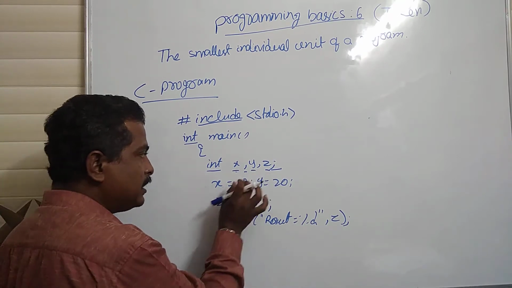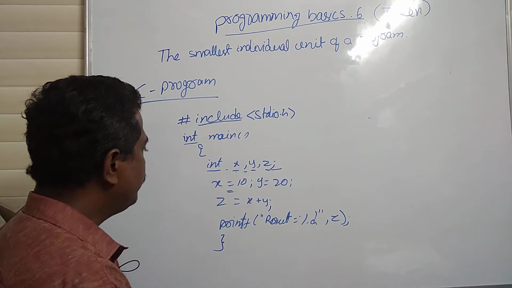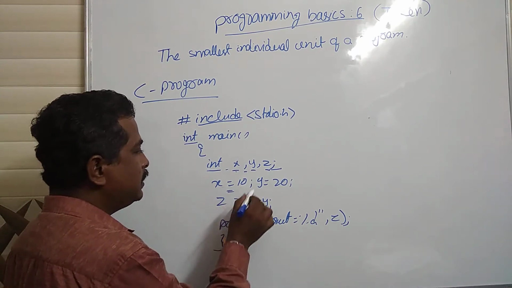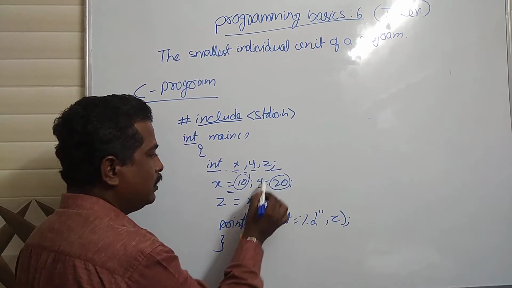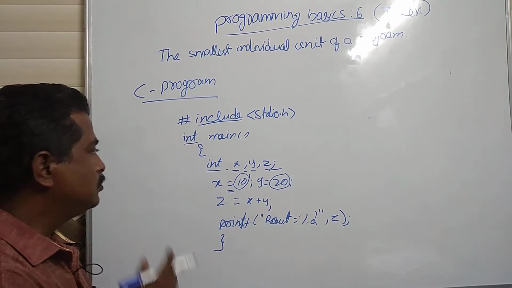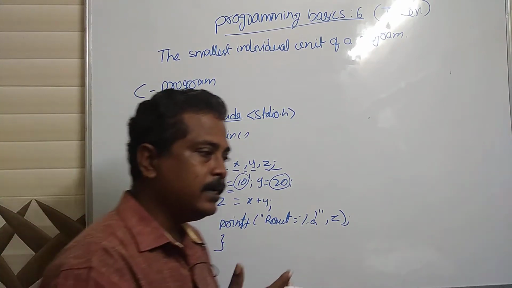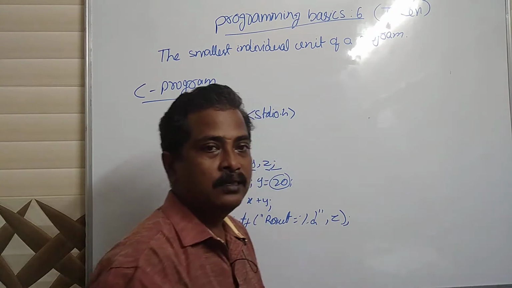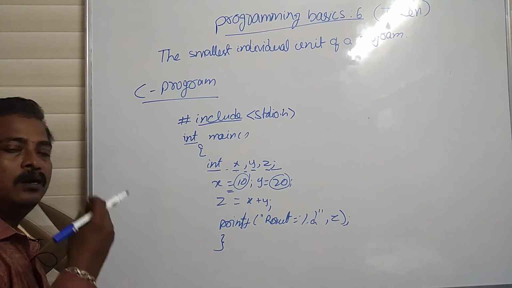These are the smallest individual units, also blank space. Then 10, 20, is equal to, semicolon. These are tokens. If you write a program and divide it into individual units, each individual unit will be one token.